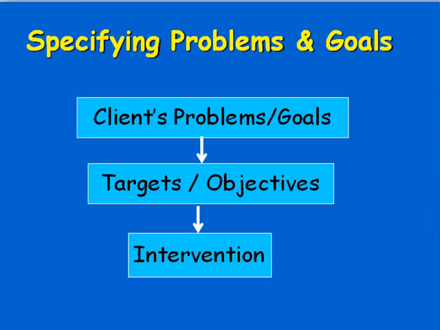So our target is the score on the GCS, and our objective would be that our client reach 20 or below on the GCS, for example. Again, we'll go over these terminologies again, but this is just an introduction. And then from those measurable objectives, we should be able to tie those into your intervention.